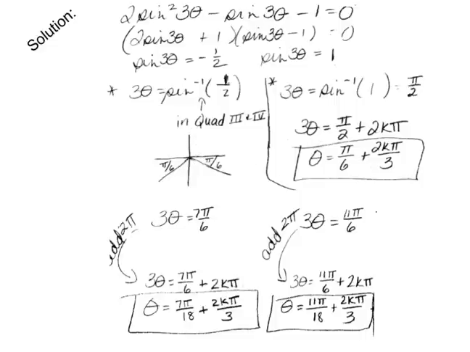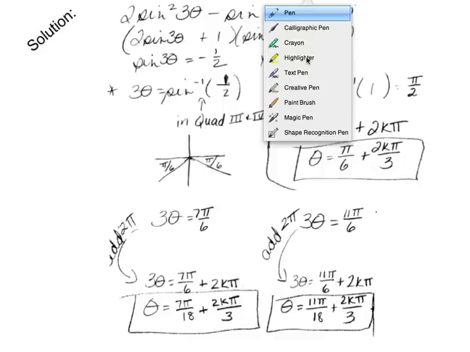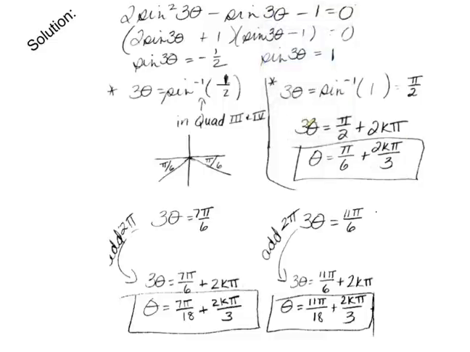So once I have these written, we'll highlight them. This guy, and this guy. I'm going to solve each of them for theta. Oops, hold on. I highlighted the wrong thing. Here we go. Here's the one. I took each of those answers and I added 2k pi to them, and then I divided by 3.